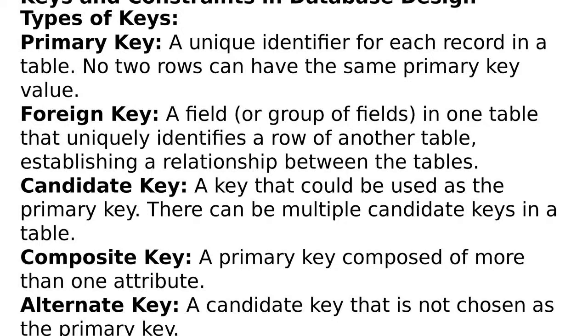We have composite keys, keys that are composed of, okay, let me talk about candidate keys first. In candidate keys, we have many keys that can be used as primary key, but we decide to choose only one and leave the rest. All those other ones are candidate keys. That means that we can use any of them. For example, if you are keeping student records, you have matric number, which is unique.